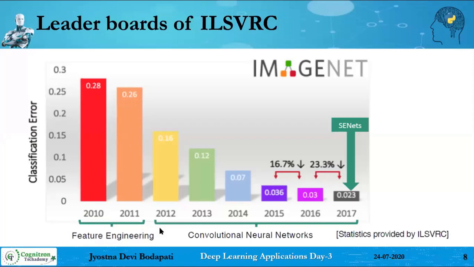But in 2012 there was a big breakthrough because of the introduction of convolutional neural networks, especially the deeper ones, which helped reduce the error by 10%. From a 26% error rate, it dropped drastically to 16%.